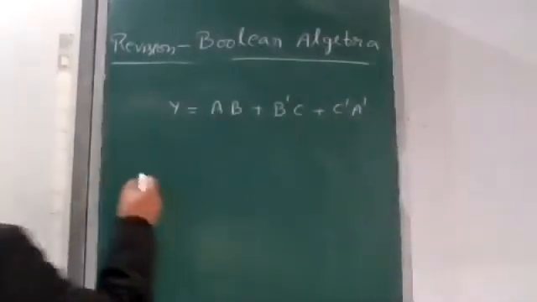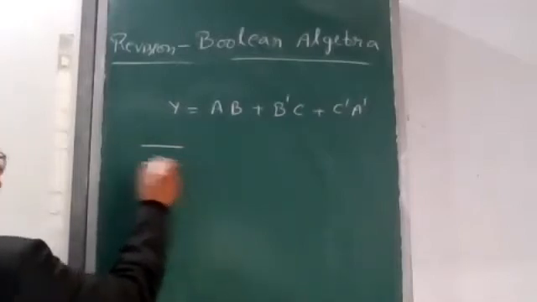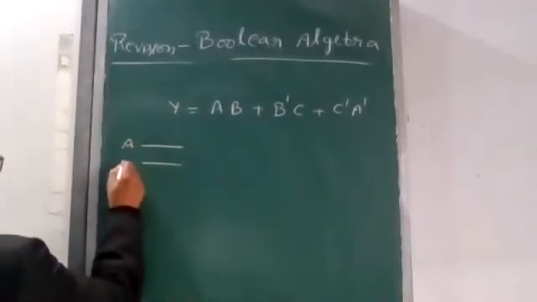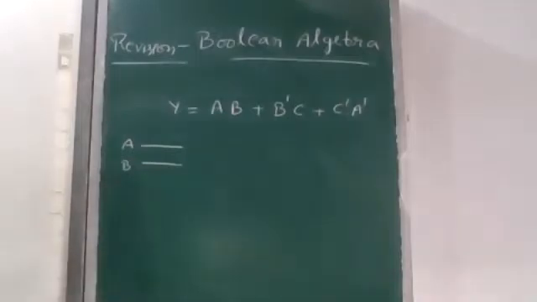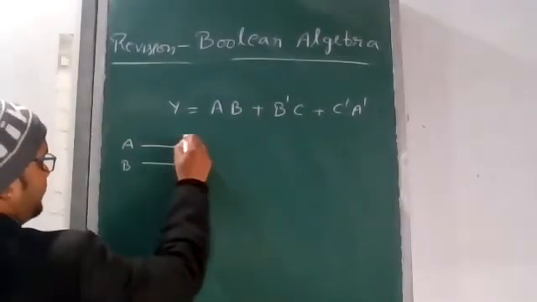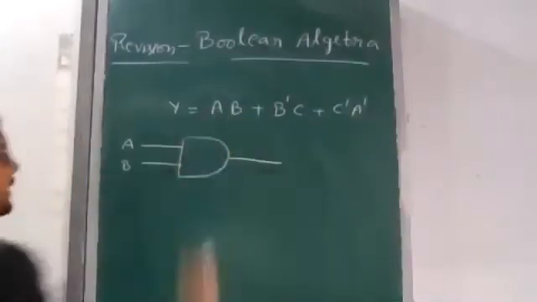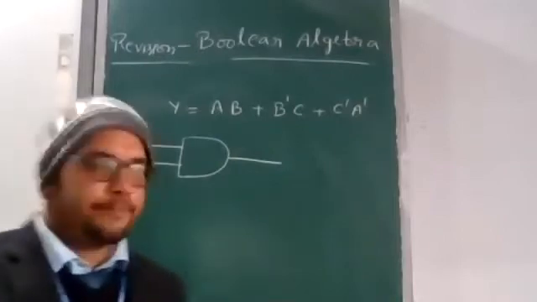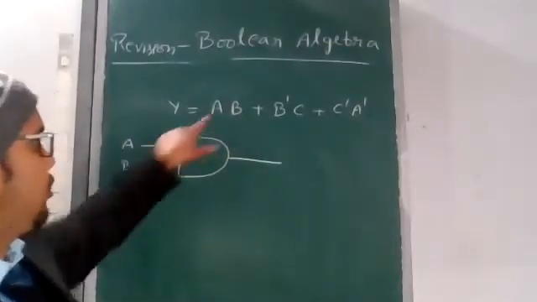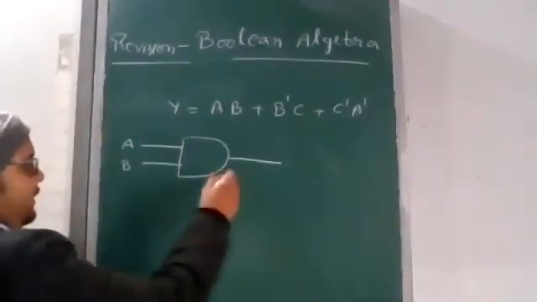So look at this. First, make one line for input A and second line for input B, and make circuit diagram with AND, because here multiplication is given, A dot B. So dot operator works with AND gate. So AND gate like this.